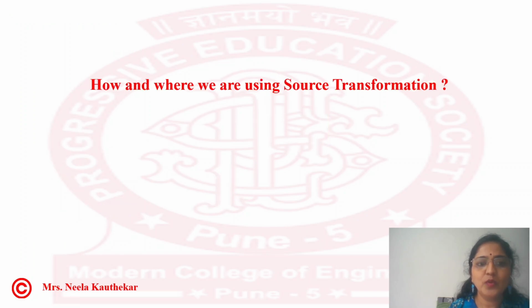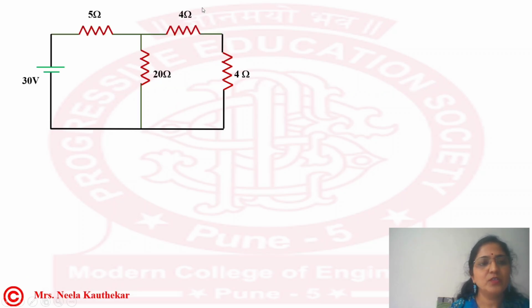Now how and where are we using this source transformation? We have seen the equation as well as an example. So this is a circuit which we want to analyze using source transformation. In this circuit, we want to find the value of current flowing through this 4 ohm resistance.